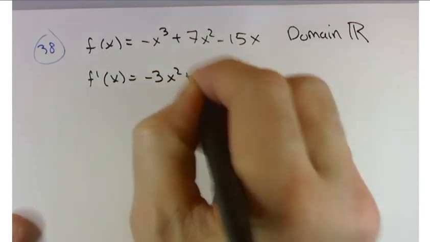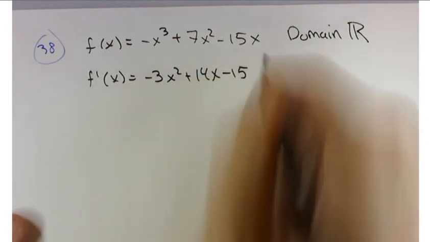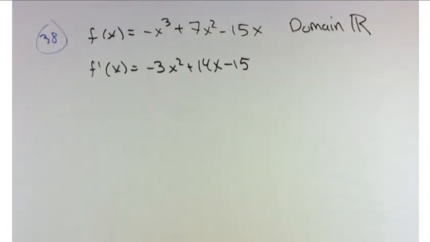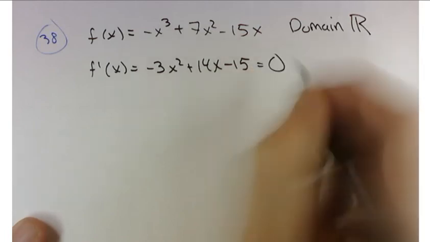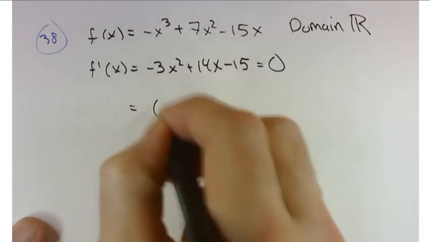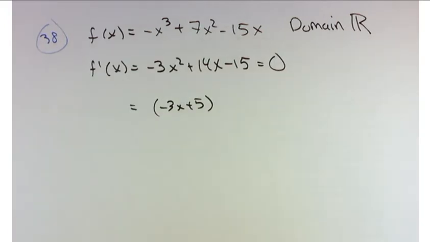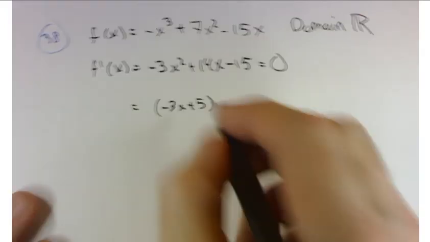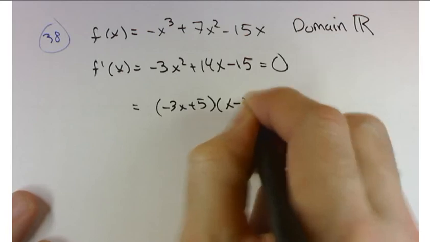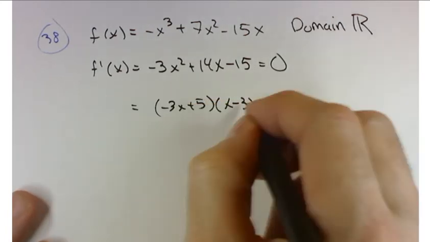Now in using the second derivative test, you're going to apply it to the critical points. So I need to find where this is equal to 0. I can do that by factoring. That's negative 3x plus 5, times x minus 3. That's going to equal 0 when one of these two things is 0.